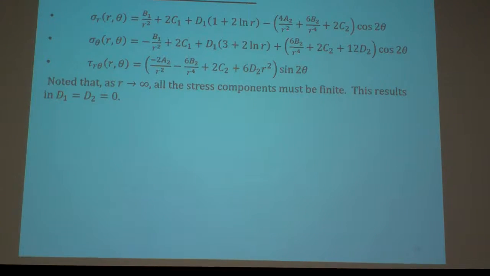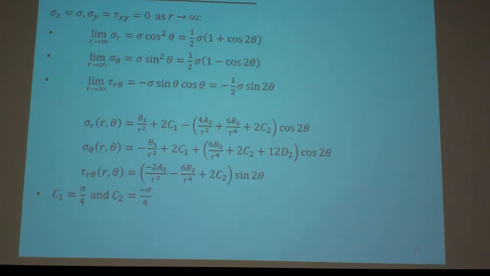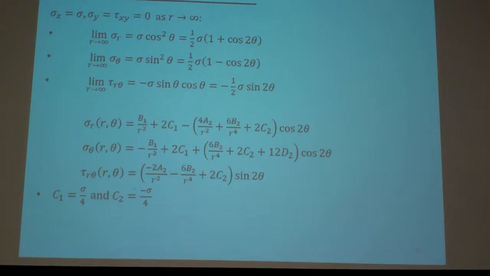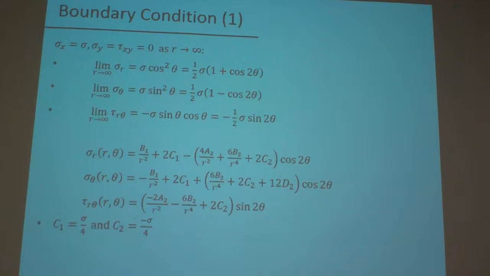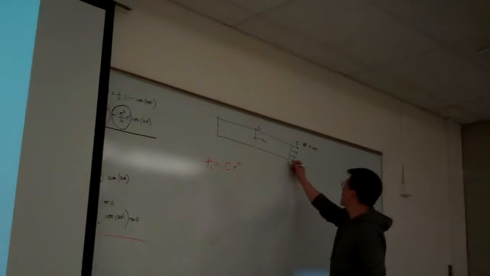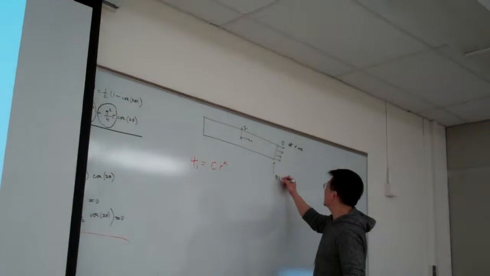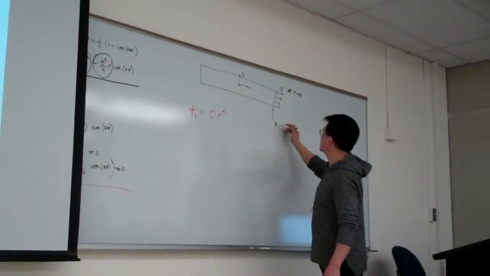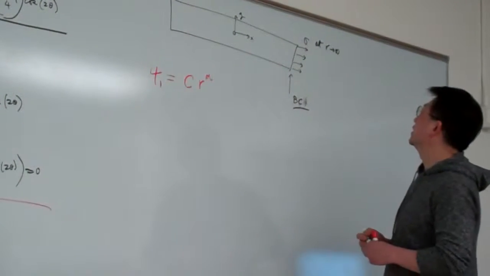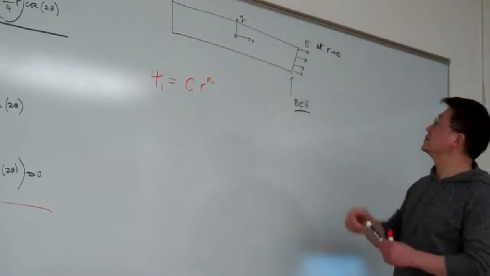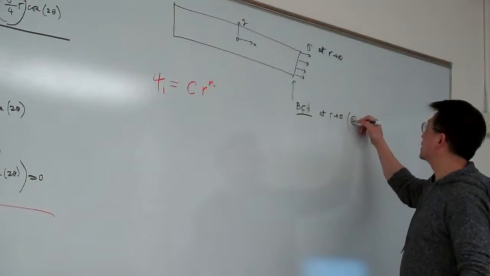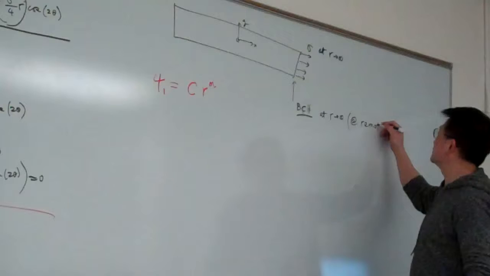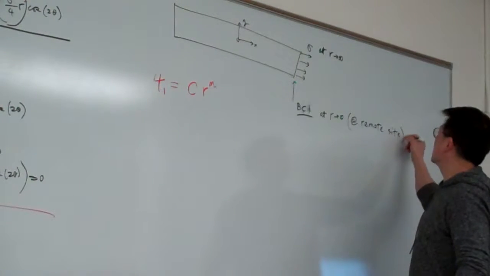So here we come to the second portion, where we try to apply the boundary conditions. The first boundary condition is applied at the remote site, that means at r approaching infinity.